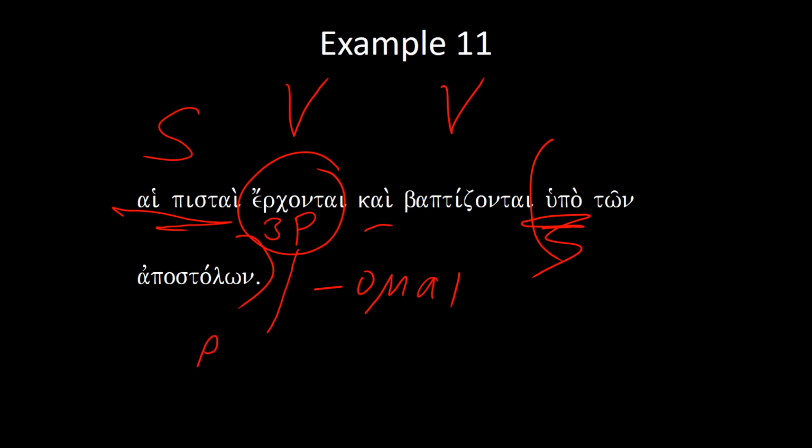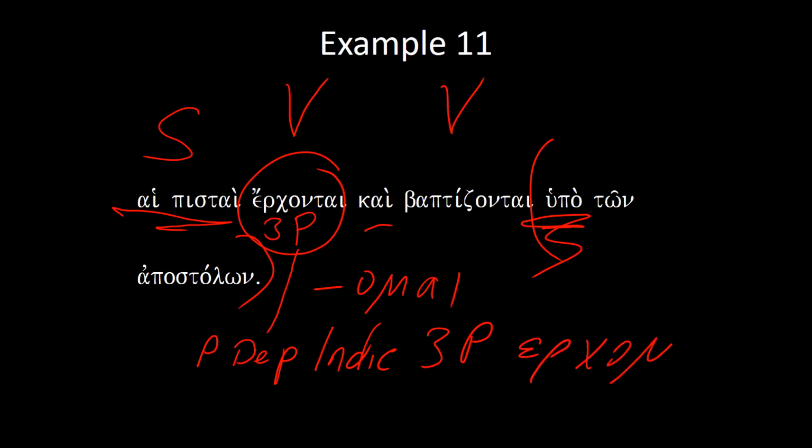So we're going to say present, deponent, indicative, third plural from erkomai, I come or go. And again, if you want to be more specific, earn some rewards in Greek heaven, if there is such a thing, you put middle/passive deponent. But I'll be happy with either one.